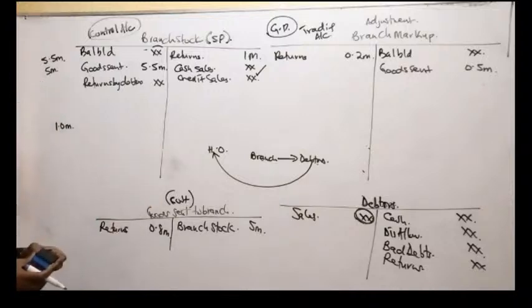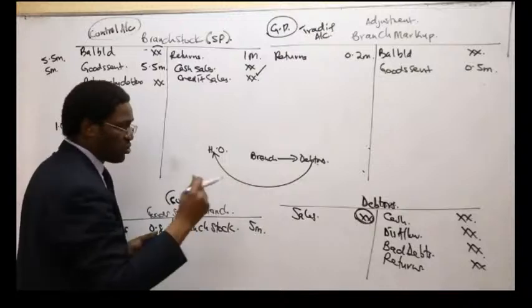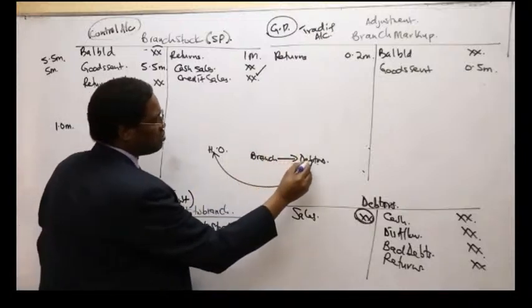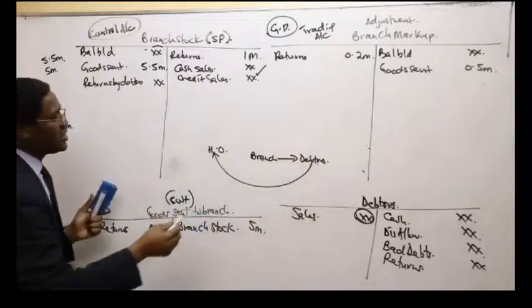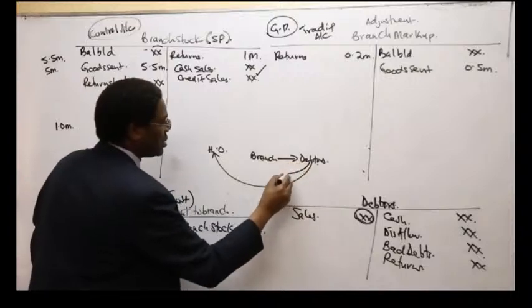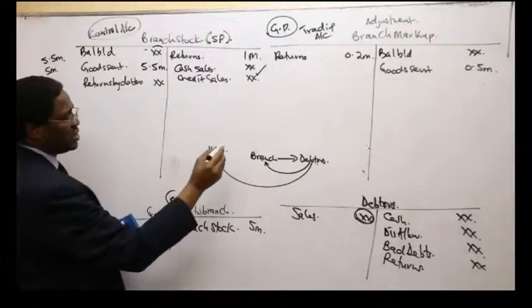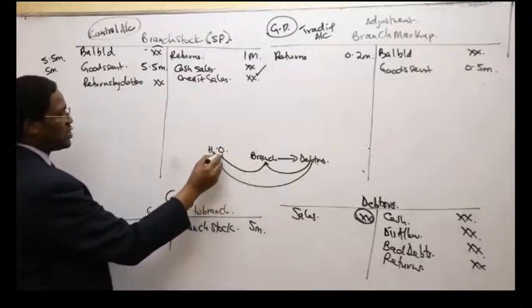Now, there are two ways of recording that transaction. The first approach is to assume that the debtor returned the goods to the branch. Then you take it that the branch is now the one returning them to the head office.